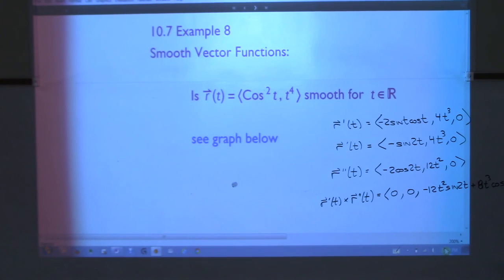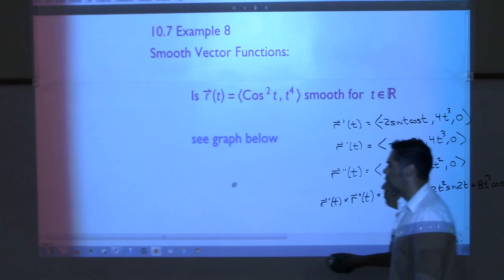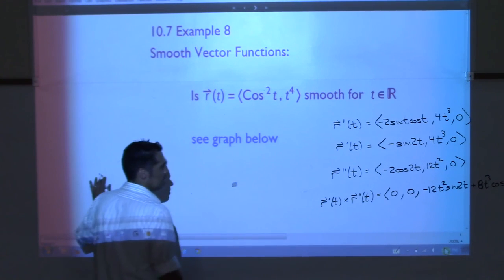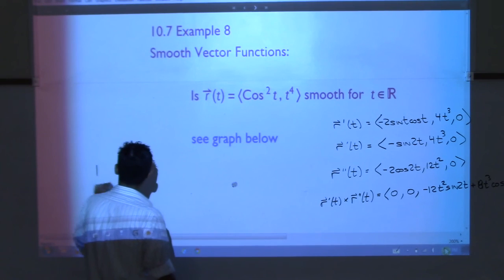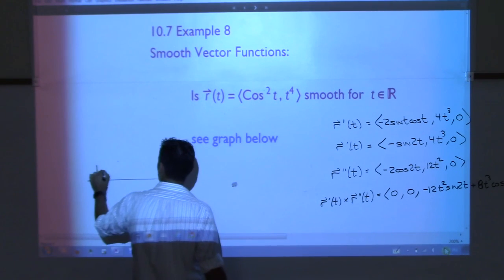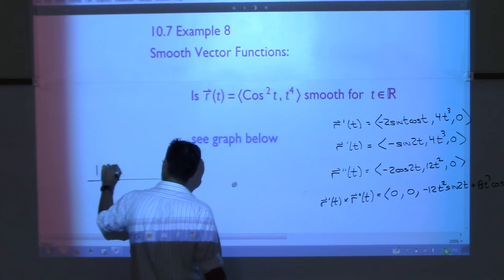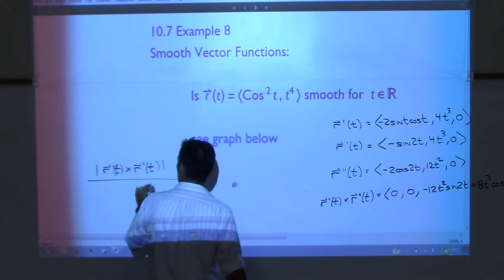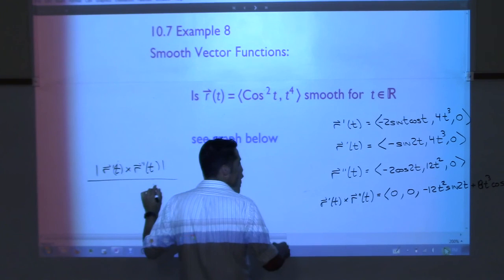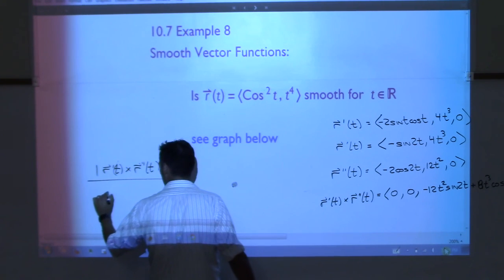Okay. Good. Now, the formula says I'm supposed to take the magnitude of that. Let me take its magnitude, and we're going to get whatever we would get up top, right? I'm not even going to write it down, the magnitude of that. But the more important thing is the denominator.